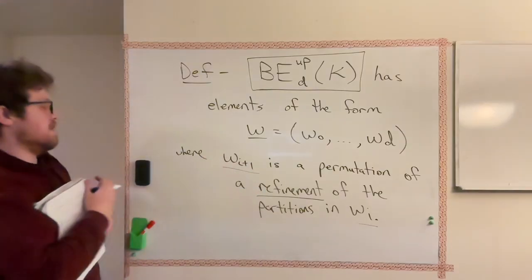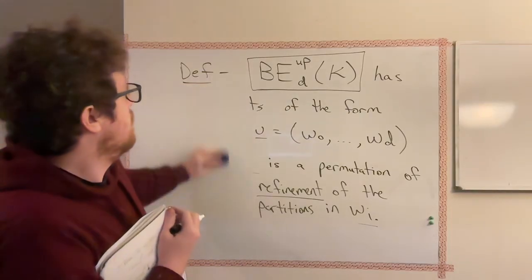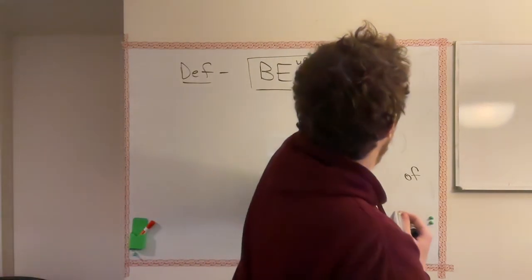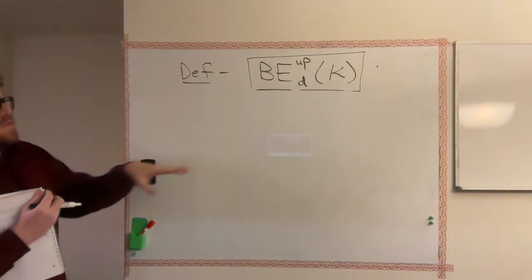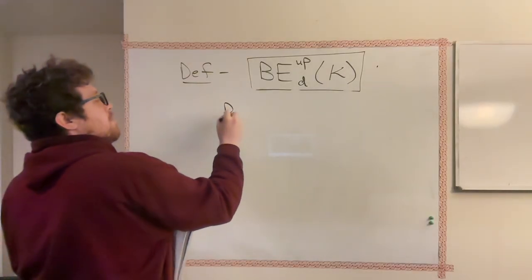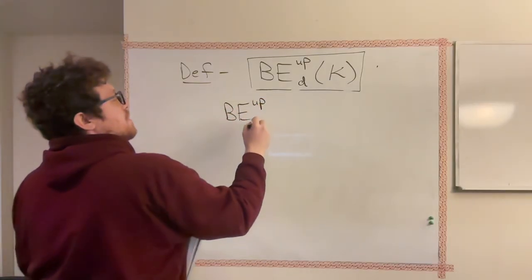So let me write it down right here. Let me just keep that up there for a second. If I take one of these elements W, essentially there should be some map. Actually, this is the cyan map, right? So this is what we're trying to define.